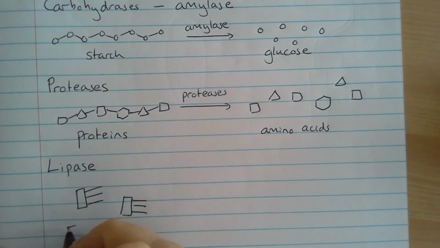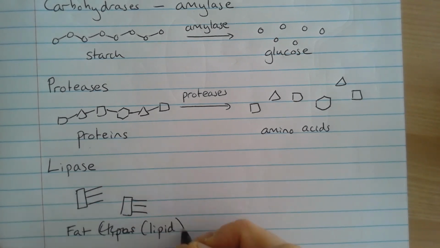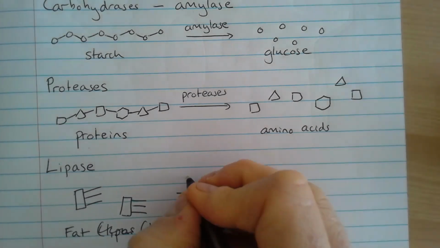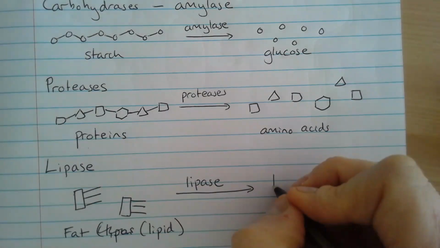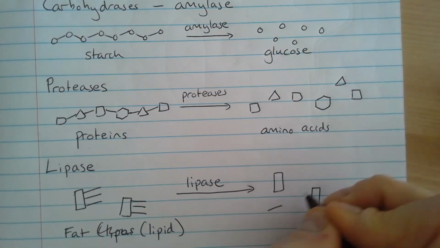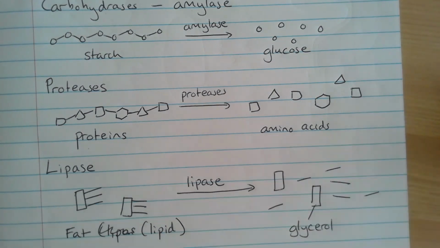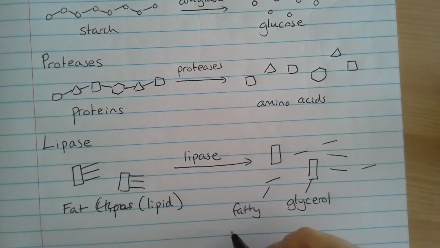So this represents a fat molecule, and the biological name for a fat molecule is a lipid, and lipids are broken up by a lipase enzyme into two smaller food molecules. The first one is called glycerol, and the second one is called fatty acids.